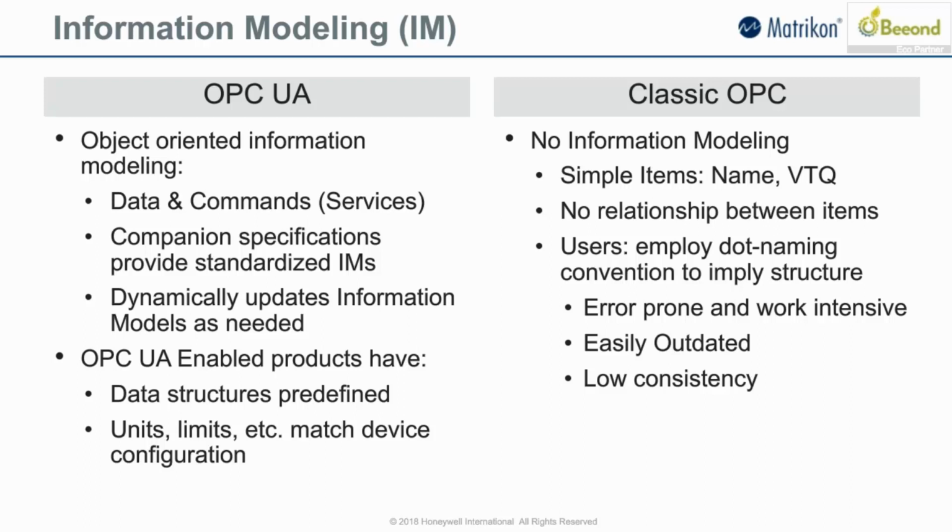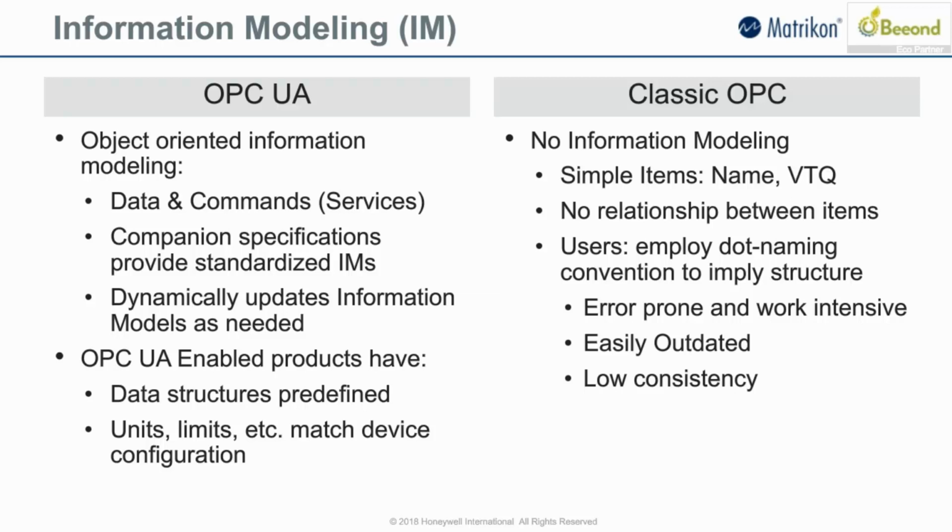And visually, as a person looking at it, you would say, okay, well, these are related because they share the top-level name and then dot, and then you're looking deeper into the parameters. Of course, that is very error-prone. It's easily outdated as you start changing things on the systems, and consistency is quite hard to enforce.